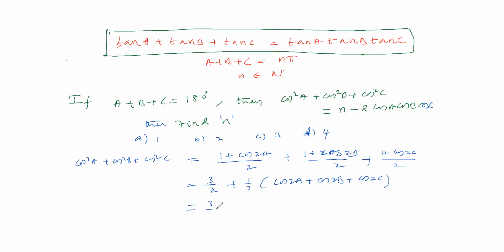Now this is 3 by 2 plus 1 by 2 times this. We know the conditional identities: cos 2a plus cos 2b plus cos 2c is minus 1 minus 4 cos a cos b cos c.